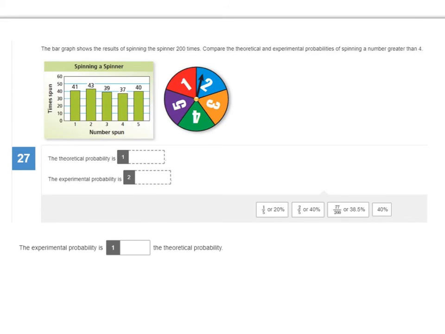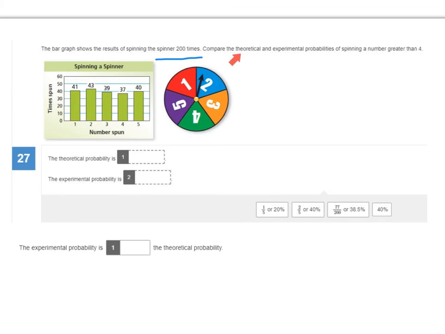Okay, so this one looks confusing, but it's not. It says the bar graph shows the spinner was spun 200 times. So this bar graph shows me the outcome of spinning the spinner 200 times.